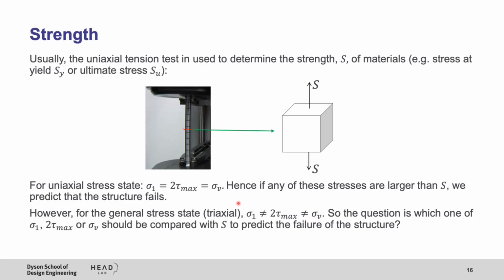So in a most generic condition, the maximum principal stress is very unlikely to be equal to the stress intensity and unlikely to be equal to the von Mises stress. So the question is, which one of these three should be used and compared with S to predict the failure of the structure?